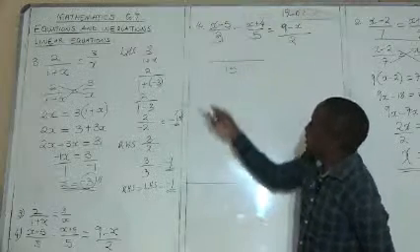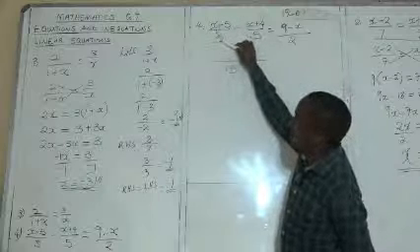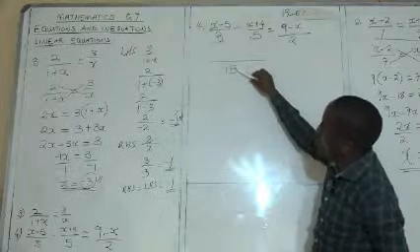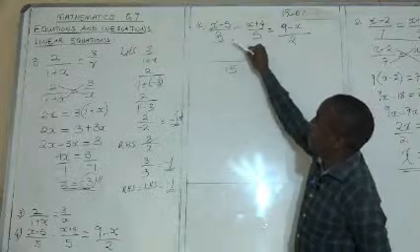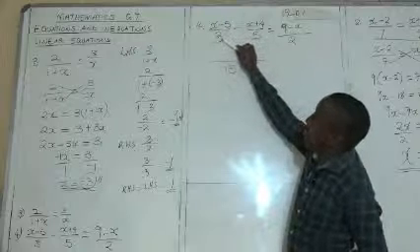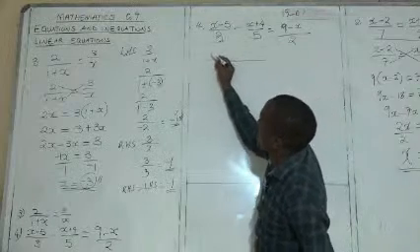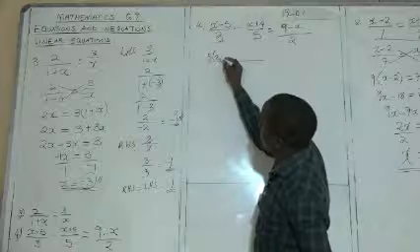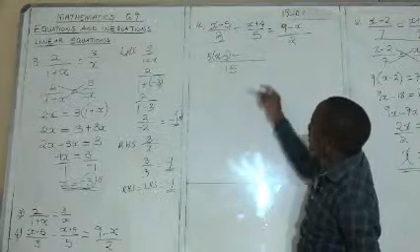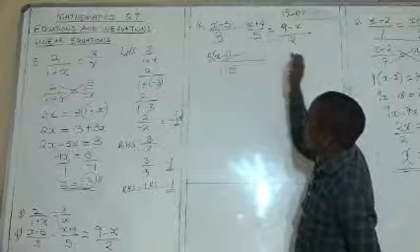Now the first part, you have x minus 5 over 3. Since you have found the lowest common multiple as 15, look at the denominator which you have, 3. How many times can 3 go into 15? It will go into 15 5 times. So you say 5 multiplied by, negative, which is a minus, then 5 will go into 15 3 times.